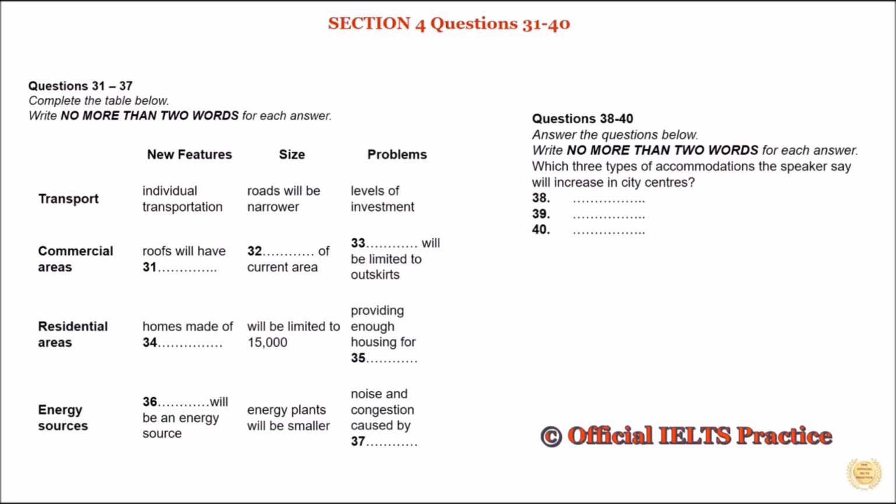We do not want these to become even larger concrete jungles than they are at present, so we have to look at design. And current designs for city development include building gardens on the roofs of these buildings to make a more pleasant environment for workers. And you may think that these areas will expand to cope with increased commercial activity.